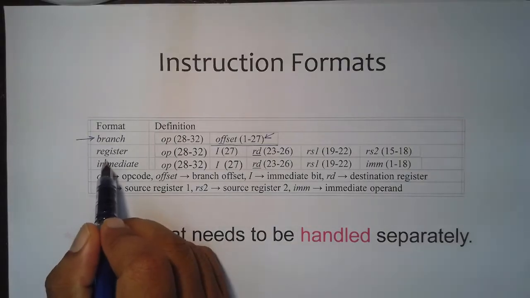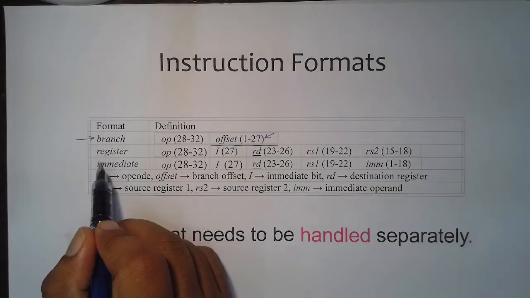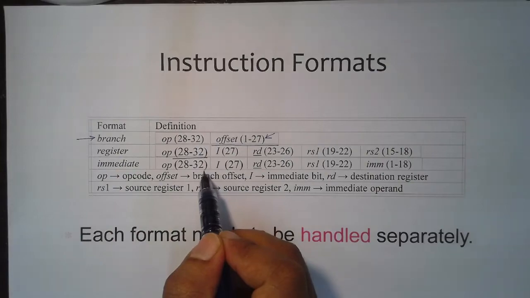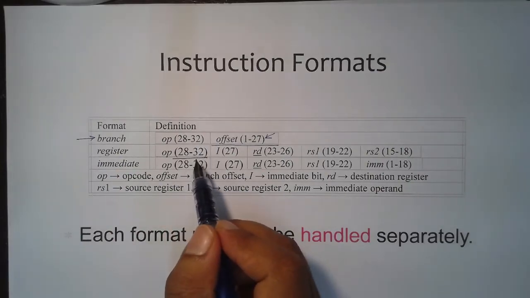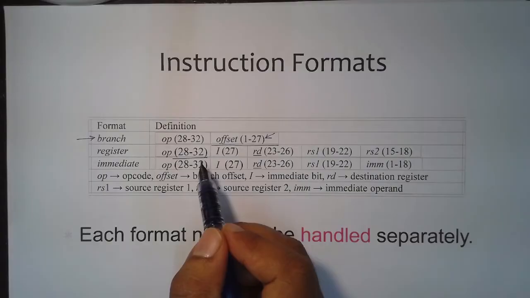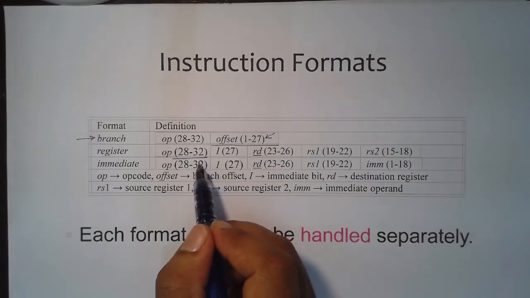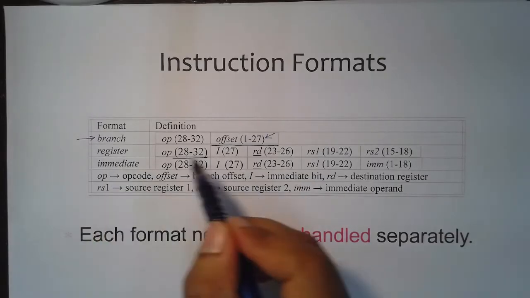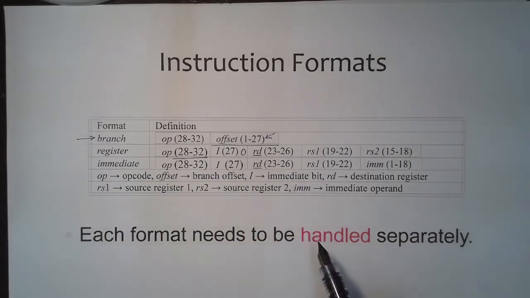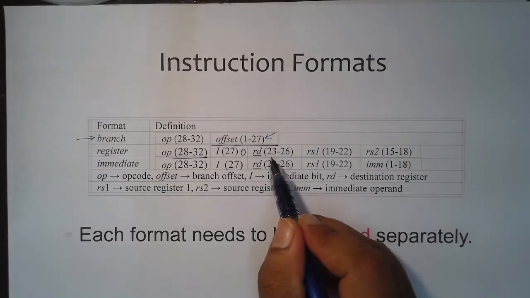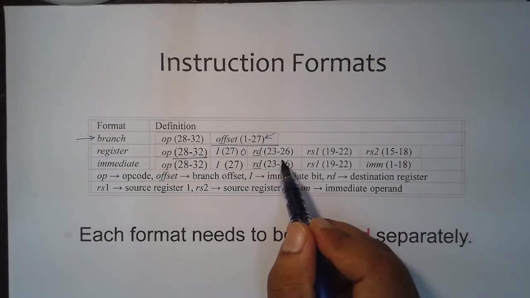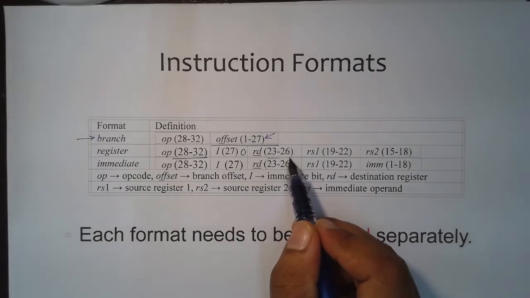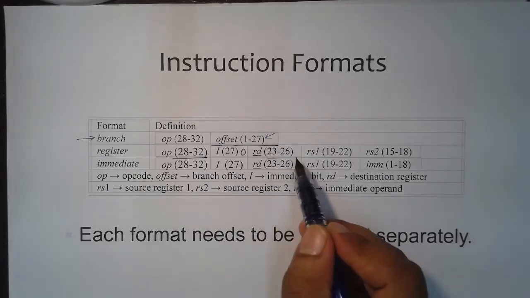The format of instructions which deal with registers only: in that case you have again those 5 bits. These opcodes are fixed. So, bits 32 to 28 are reserved for opcode. You then have this immediate bit. In case of register, this immediate bit will be 0, and then the address of the destination register is stored in locations 26 to 23.